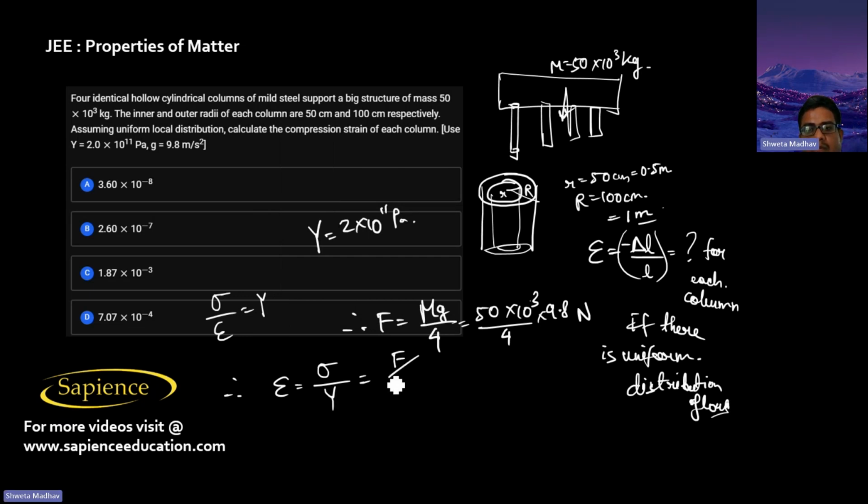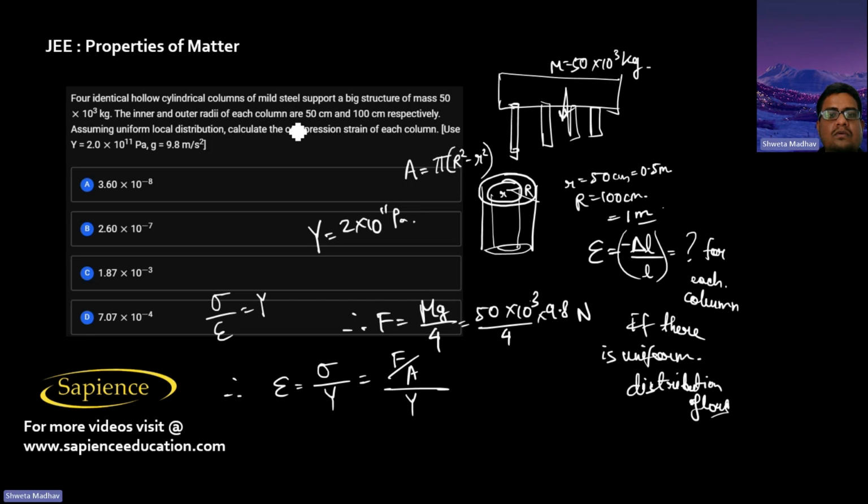So stress will be F by A. Here the area of cross section that we have to take is pi into R square minus r square, since it is a hollow cylinder. So this will be divided by Y. So therefore the compressive strain of each column, epsilon, that is minus delta L by L, will be F by AY.